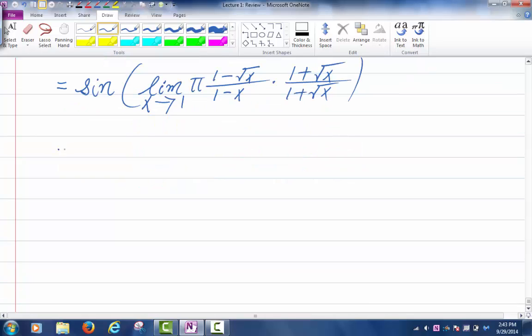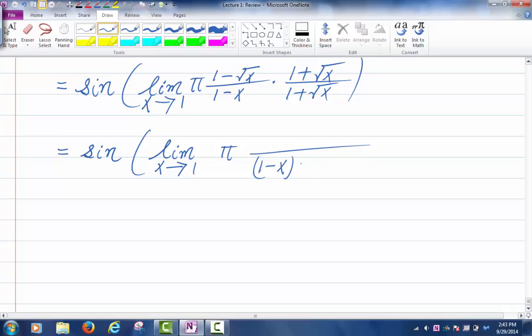Okay, what do I get now? When you multiply 1 minus root x and 1 plus root x, what do you get? In the denominator, I get 1 minus x times 1 plus root x, right? When I multiply the numerators, what do I get? If you multiply out the two numerators, you'll get exactly 1 minus x.